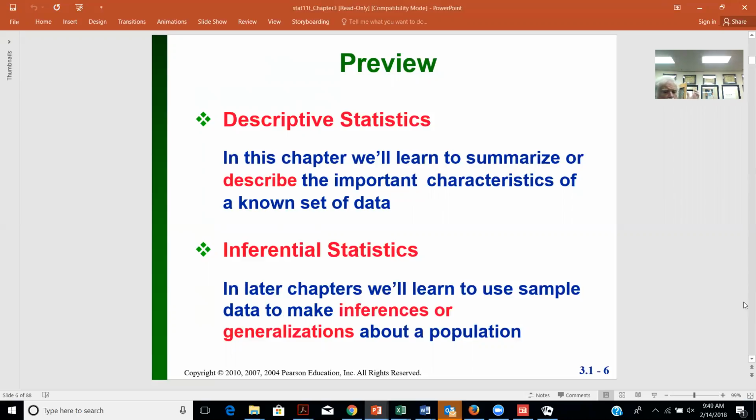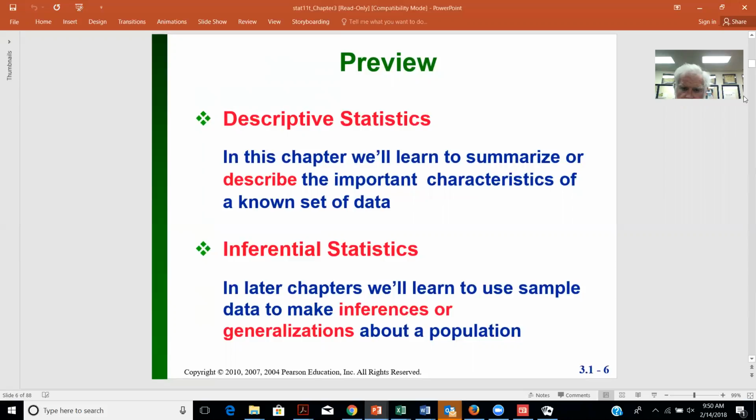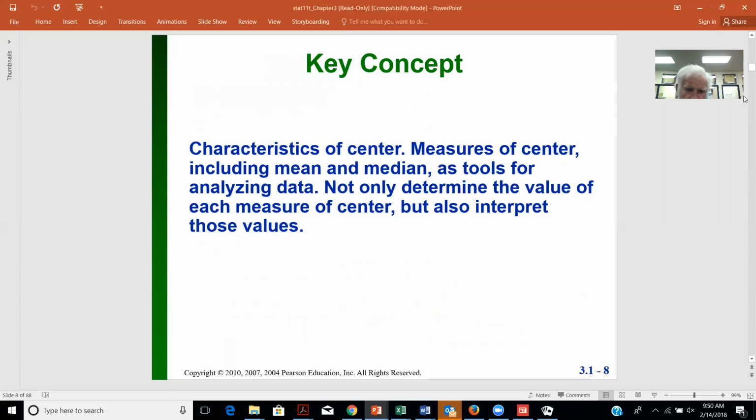So what are we looking at in terms of measures of center? One is what we call the mean. The mean is what most people call the average.